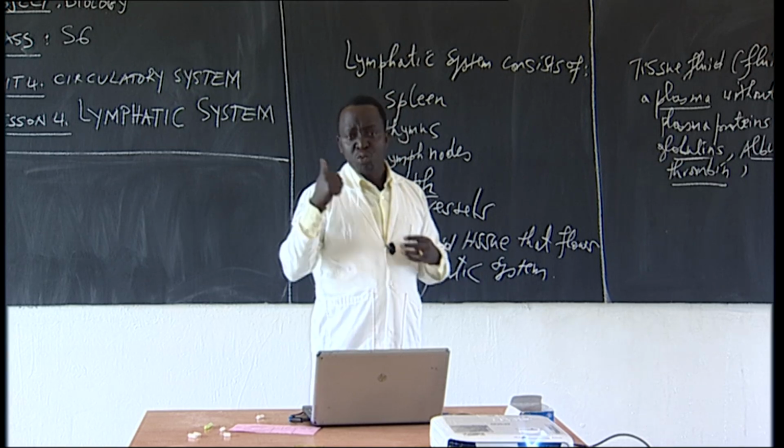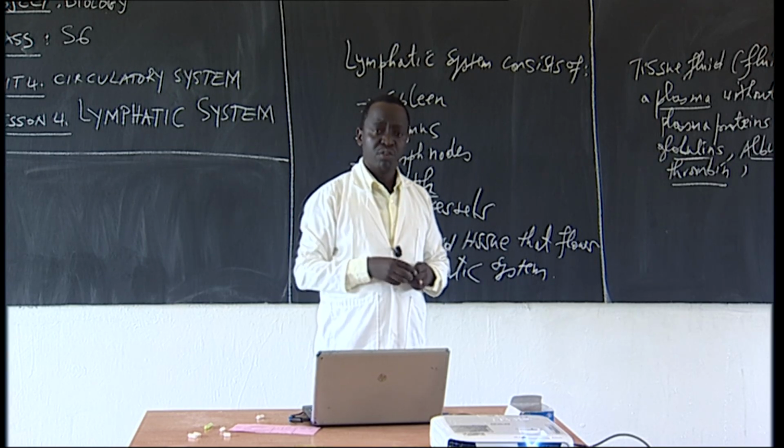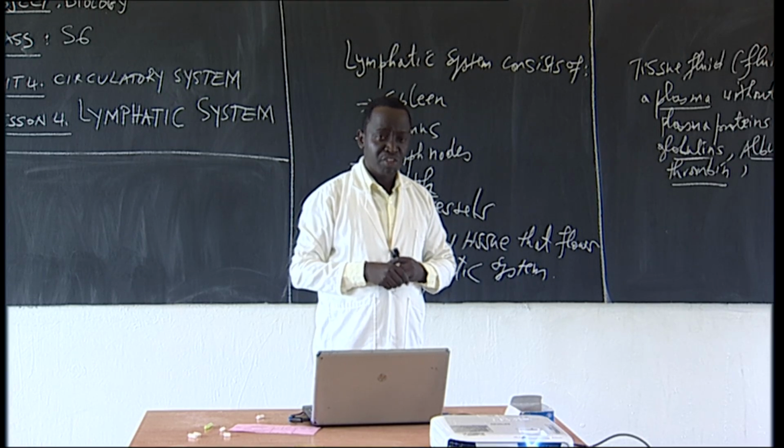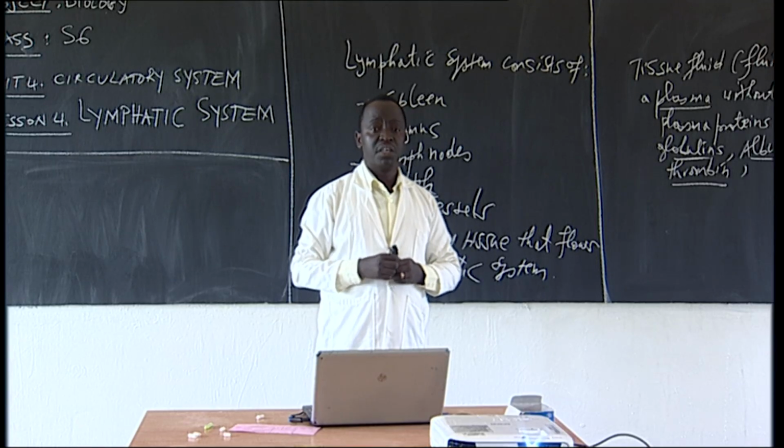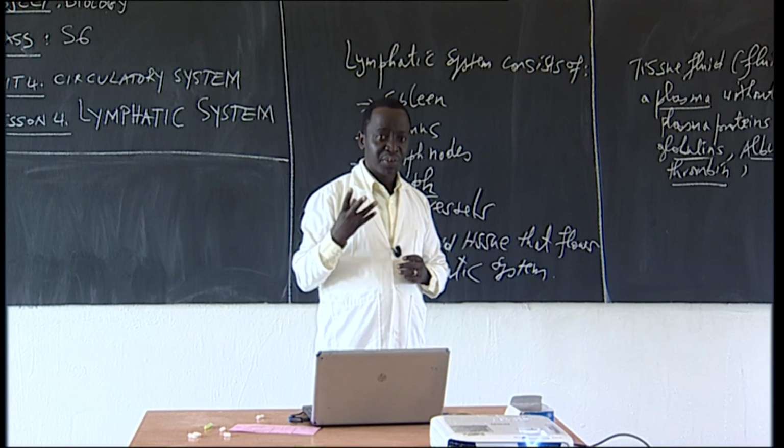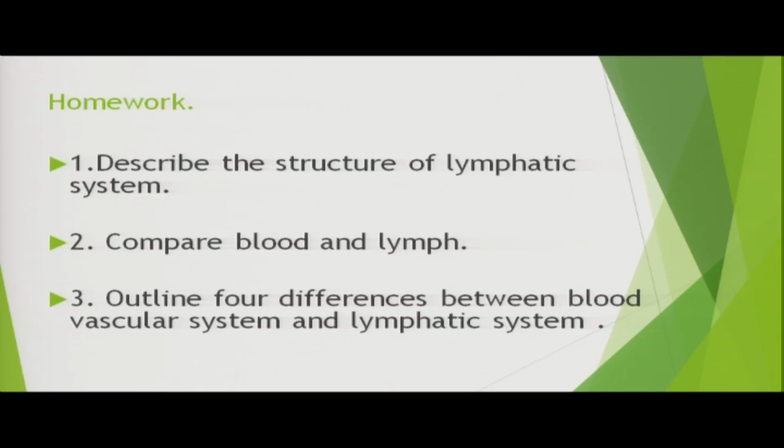And when you describe, you also have to mention the function of each part. Are you getting this? After doing that, you can also do more research on the lymphatic system and add it to what you have seen.